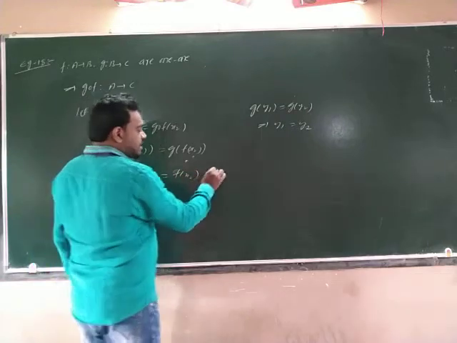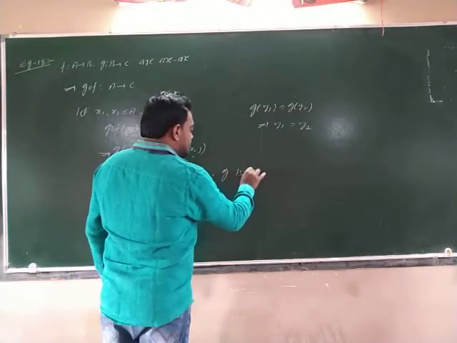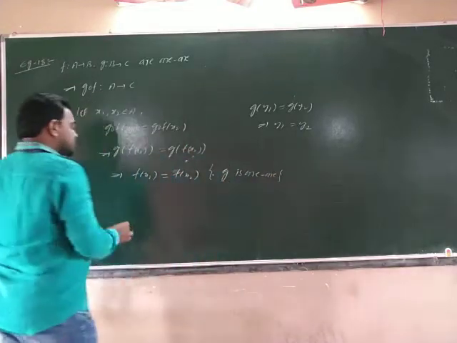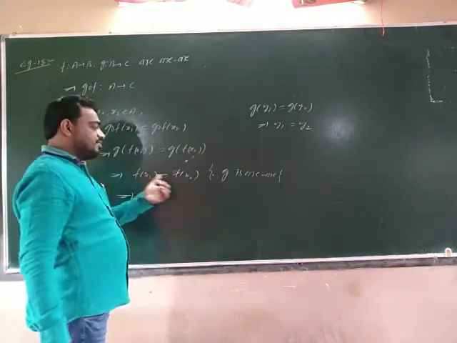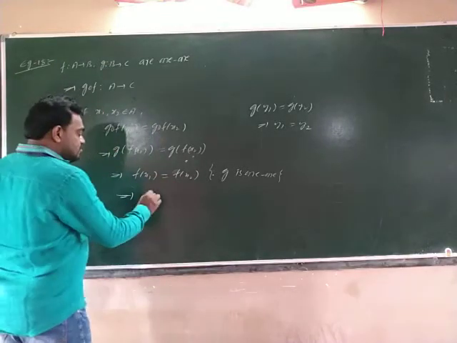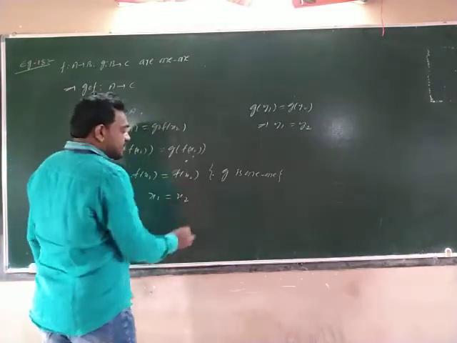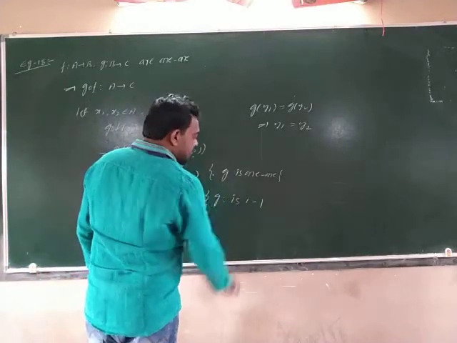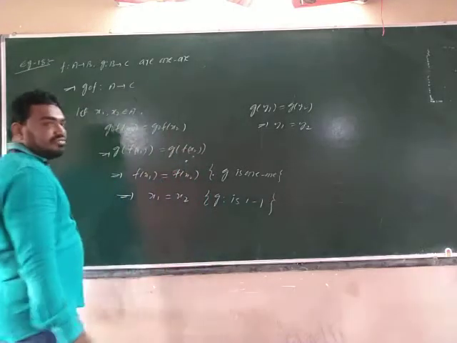What is the reason here? Because g is a one-one function. Now here f of x1 equal to f of x2. Here f is also a one-one function, so x1 is equal to x2 actually. What is the reason? Because f is a one-one function.